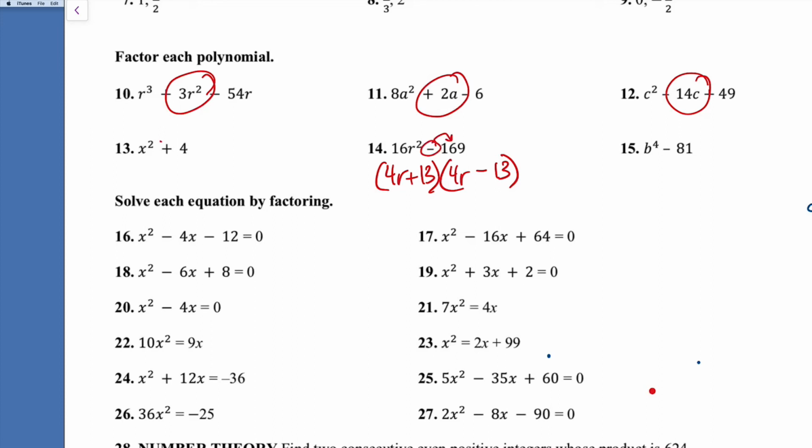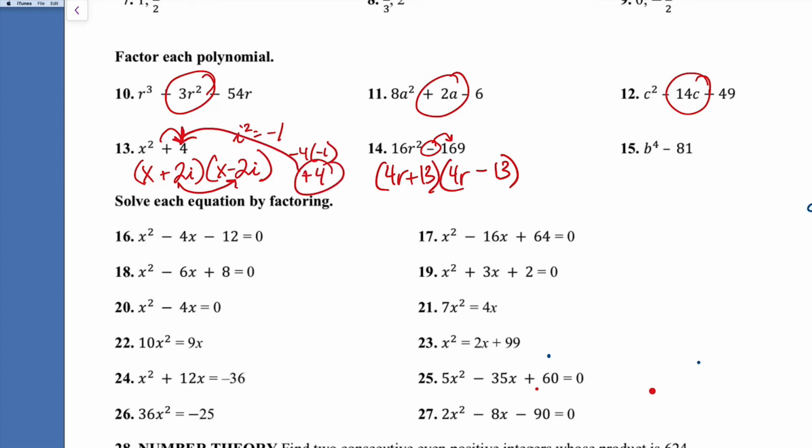Now again here, this is the tricky part about number 13: you had a plus coefficient, which is why it ended up being x minus 2i, because i squared is equal to -1, and so 2 times -2 was -4 times -1, which made it a +4, which is what you had here.